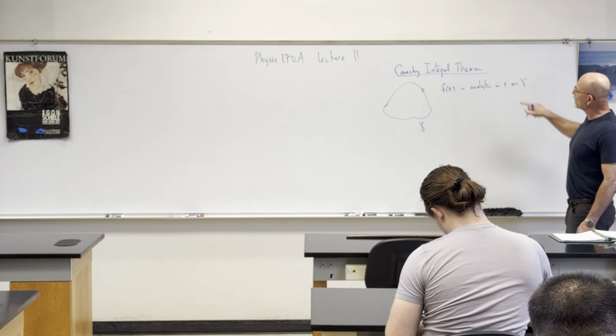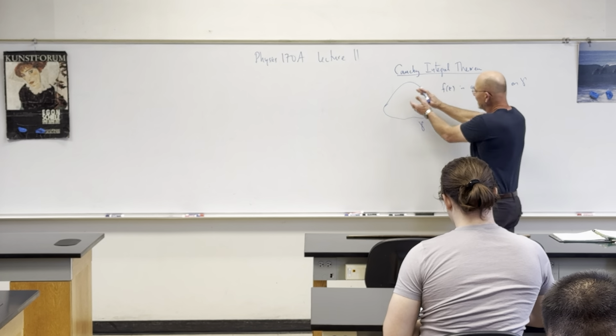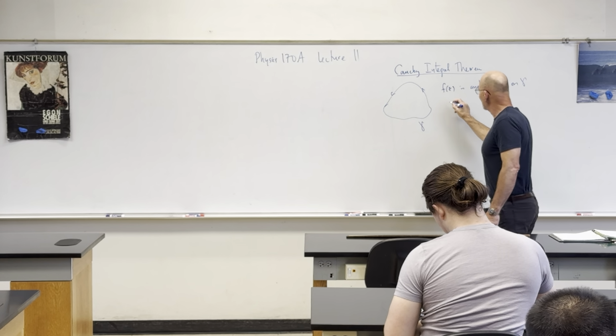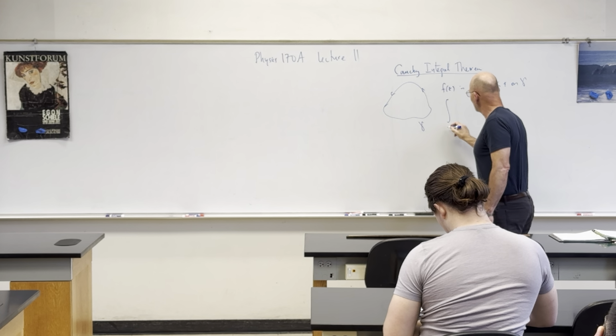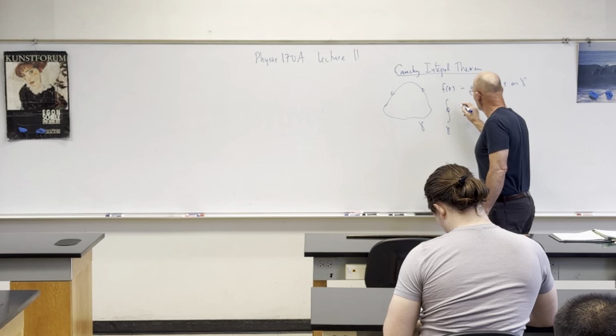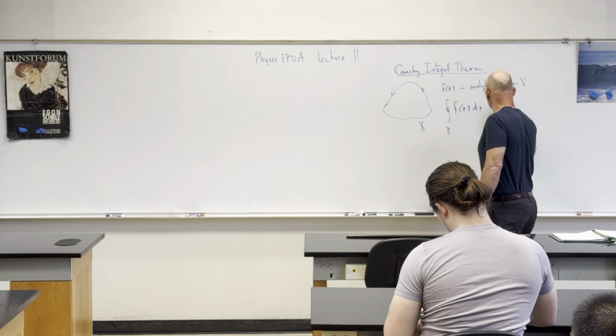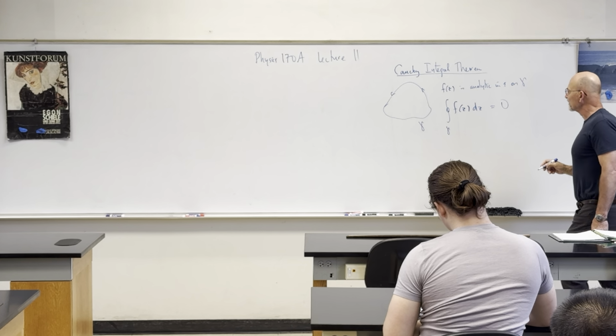Analytic in and on that curve, and in means within the curve. And then what we have is the closed integral of f of z dz is equal to 0. So that's the first thing.